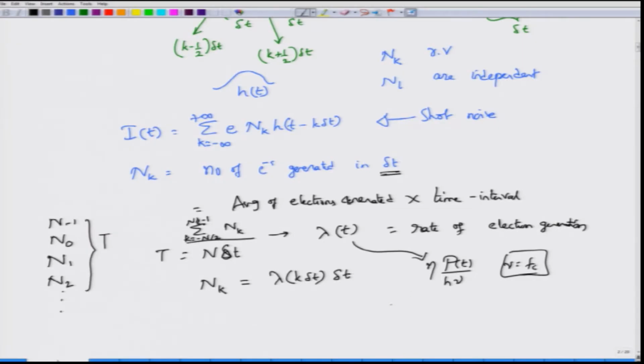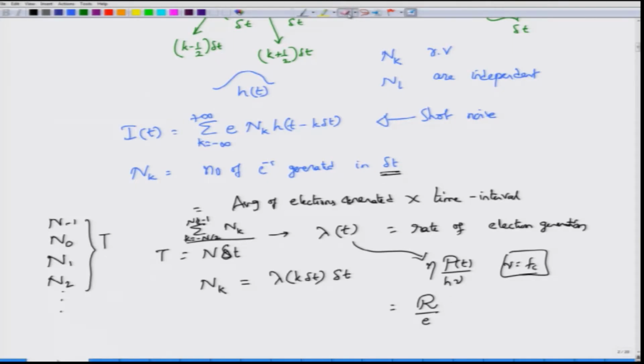You might have guessed that this can easily be written as R by E, simply because R is the responsivity given as eta E by h nu, correct. So, eta by h nu is given by R by E. Therefore, you are comfortable that the rate at which electrons are generated depends on the photons that are being received by the photodetector.